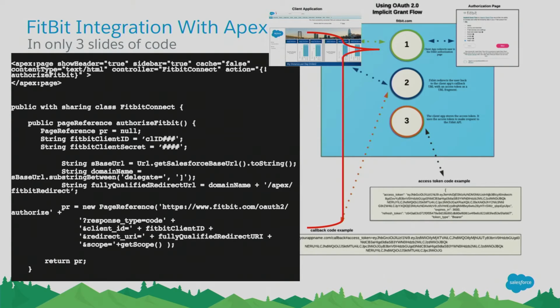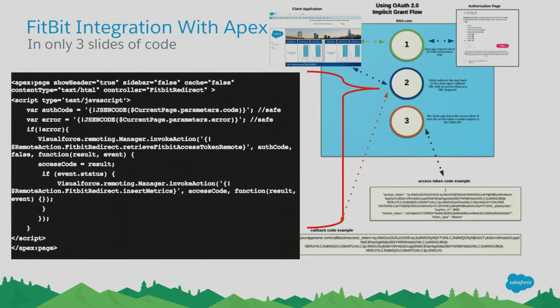As you can see, the controller here is FitbitConnect, and that's the name of my Apex class. So I'm going to do a URL out to Fitbit, and I'm going to pass in those parameters of which application this is, and where Fitbit is going to send me after they've authenticated the user and the user has made the consent.